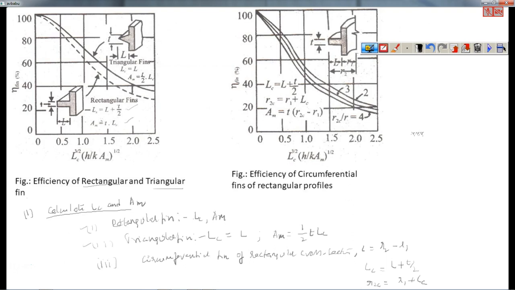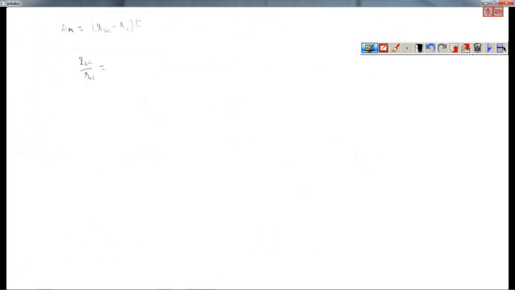Once you know this LC and AM, then you can find out Q max. Now, calculate Q max. Efficiency of a fin is equal to actual heat transferred by fin divided by maximum possible heat transferred by fin.